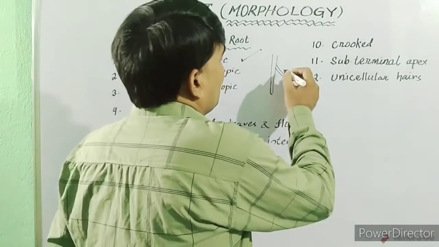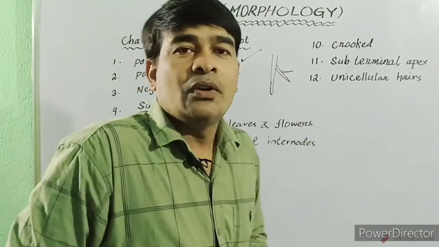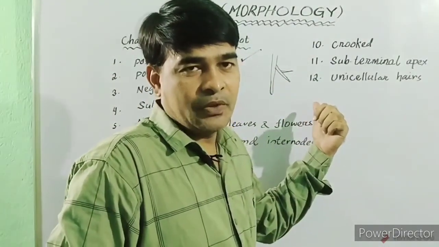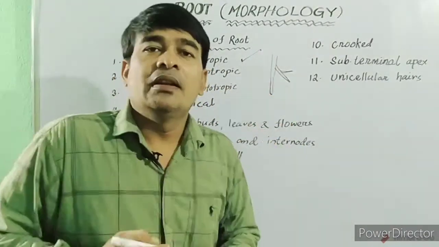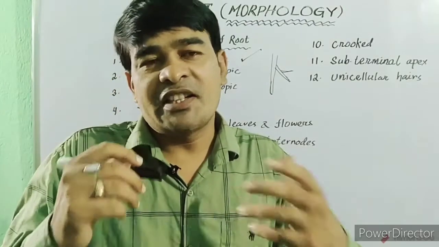And tertiary roots, which remain somewhat parallel to the soil surface, are diageotropic. So whatever may be the position or type of root, all roots are positively geotropic. However, there is an exception.